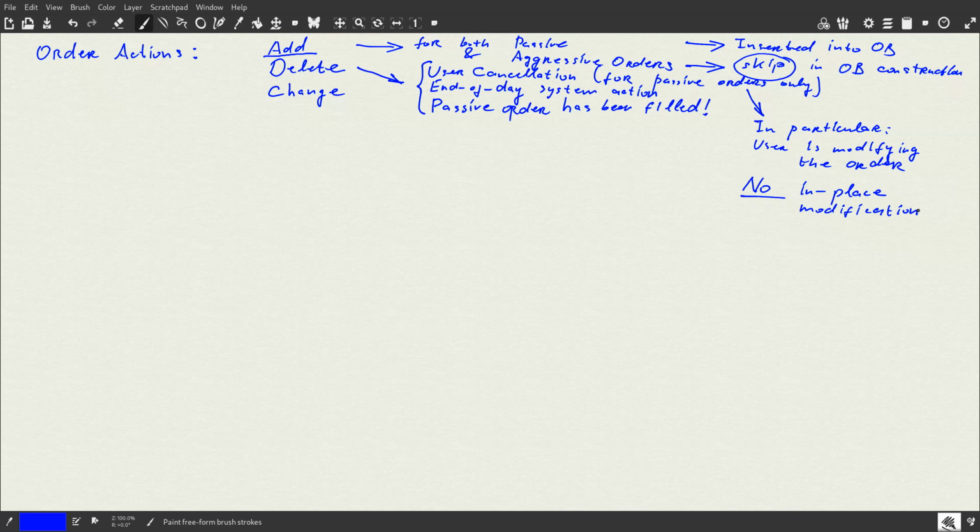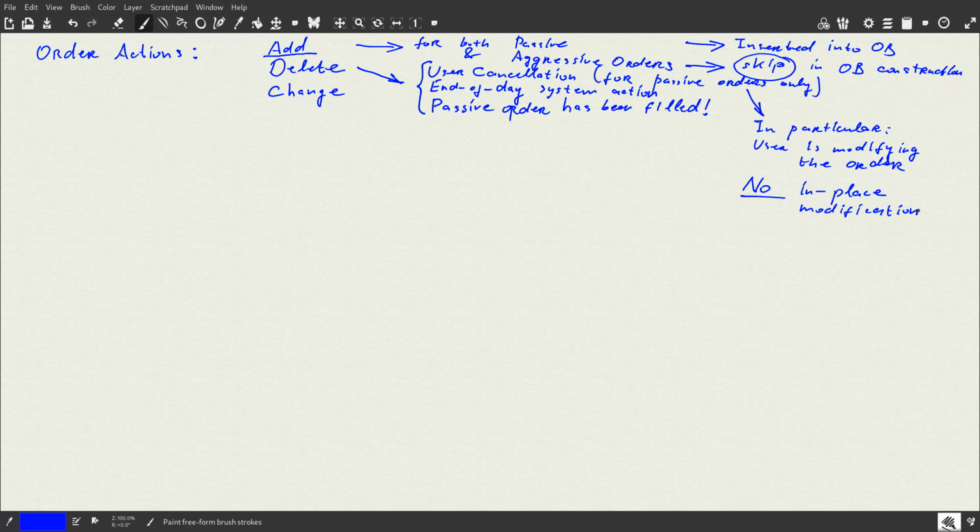What does it mean to modify your order? To modify means to change the price, the quantity, or maybe even the side of your order. Change, for example, buy for sell. Changing the side is not a modification at all, even from a conceptual point of view.